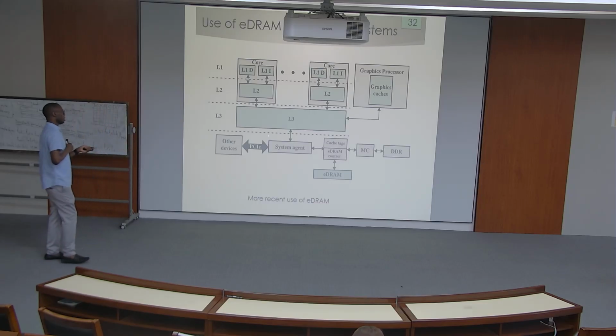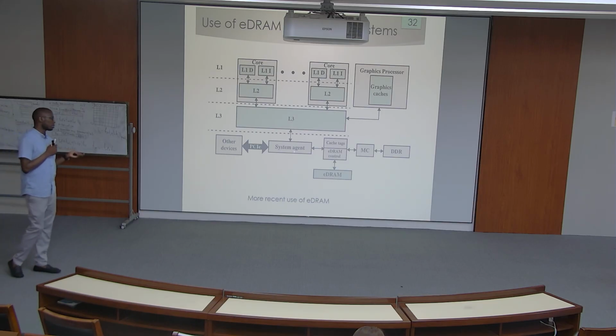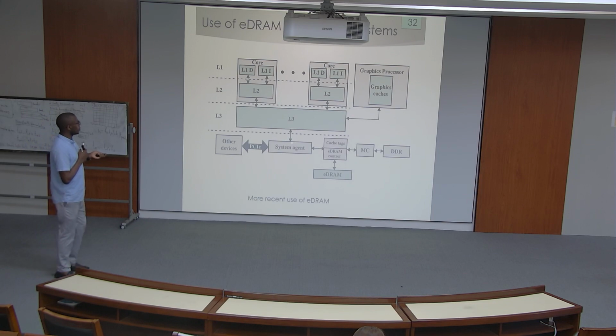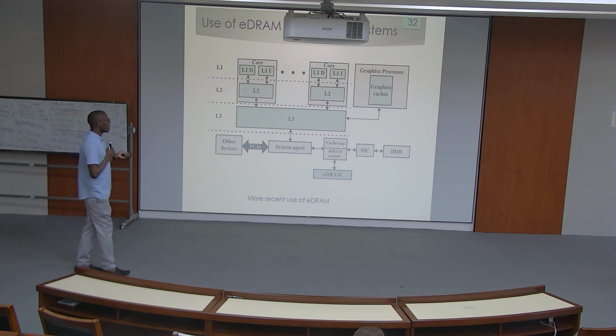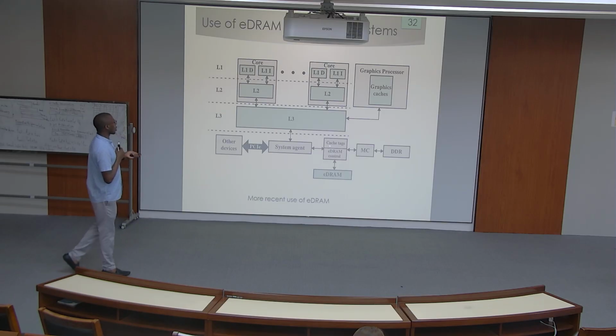Here we have other devices, including the PCI bus system that we're going to discuss when we start with input-output devices and the system bus. We have the system agent, then the cache tags, and the EDRAM controller.